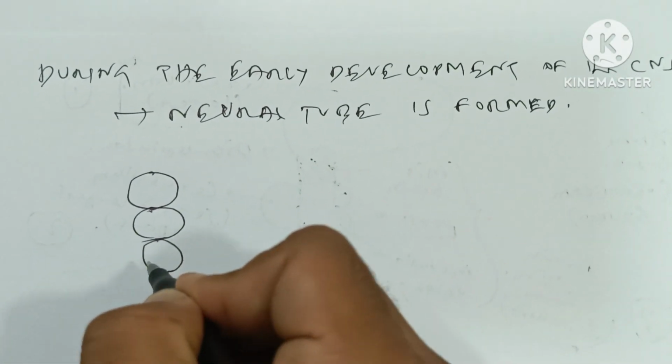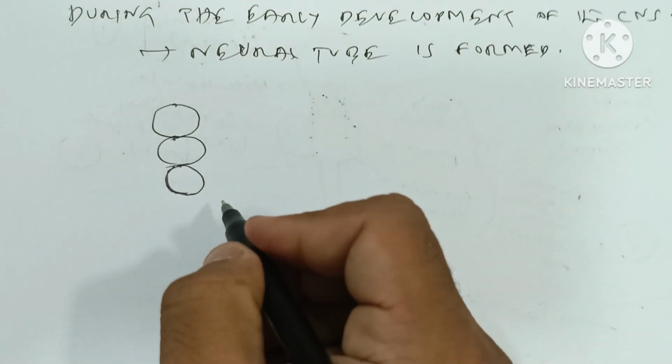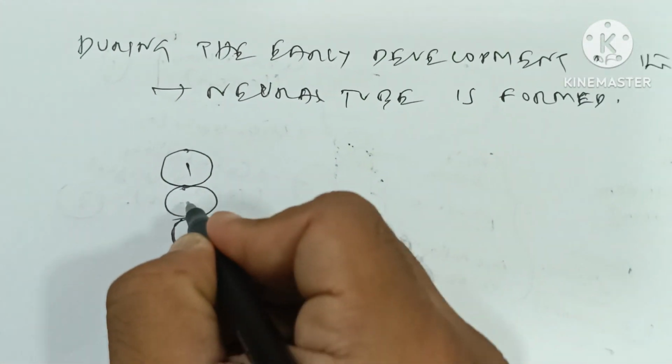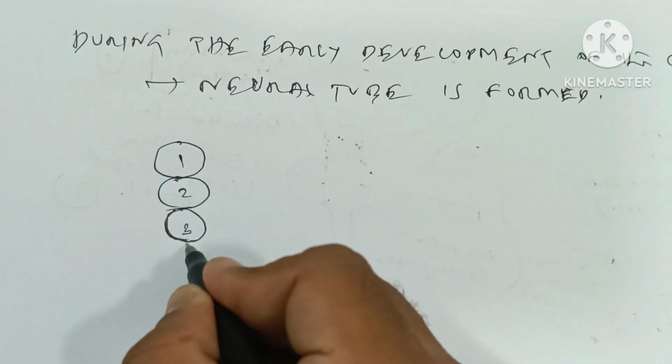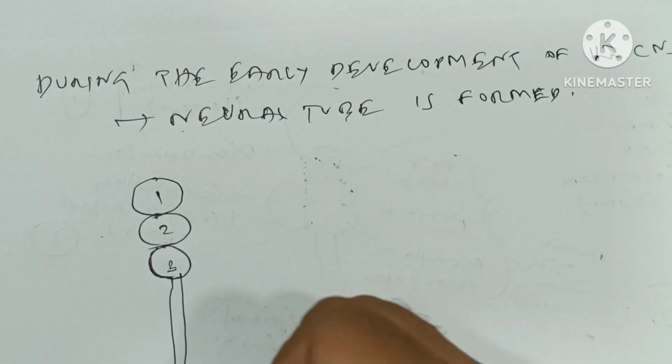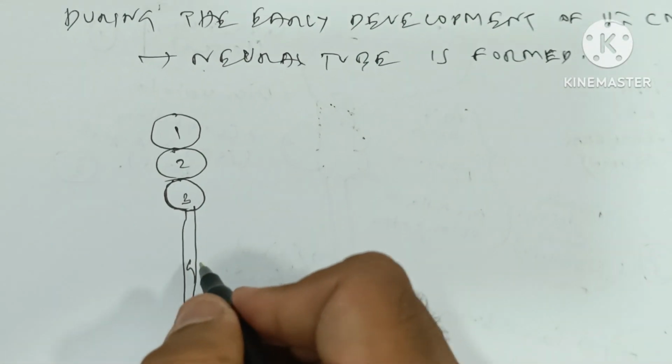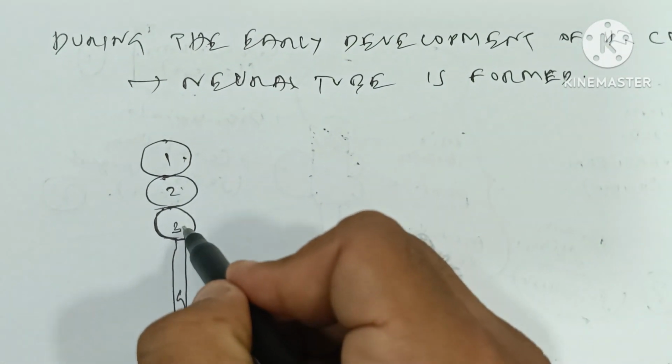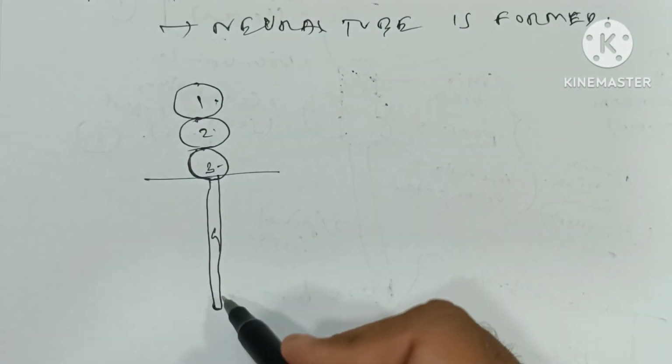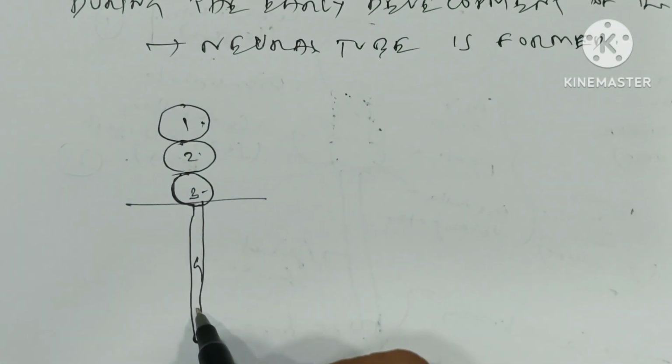The neural tube has 4 subdivisions: 1, 2, 3, and this one is 4. Out of that, the first 3 subdivisions form the brain, and the 4th subdivision is the spinal cord.